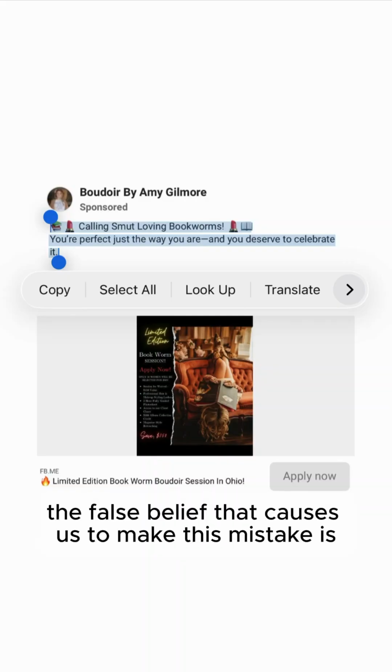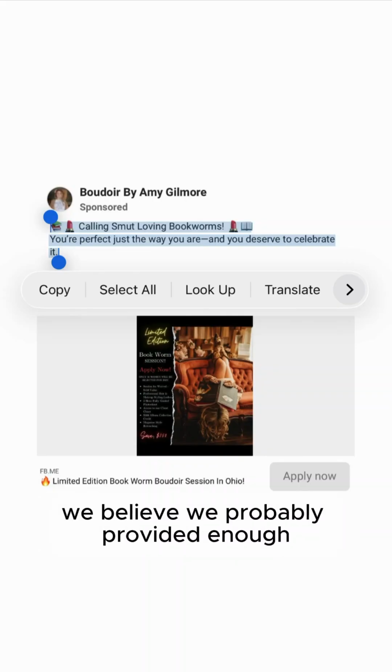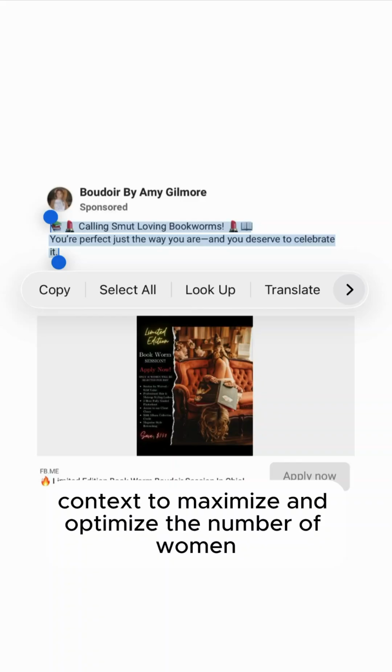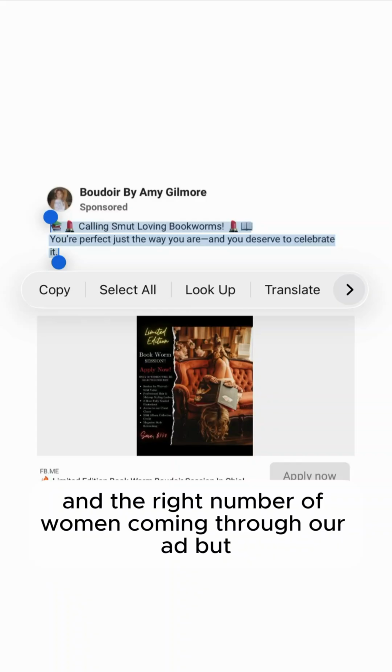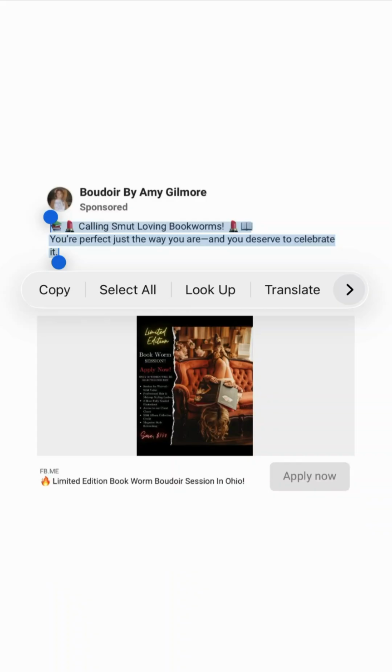The false belief that caused us to make this mistake is we believe we provide enough context to optimize the number of women, and the right women, coming through our ad, but we didn't do that.